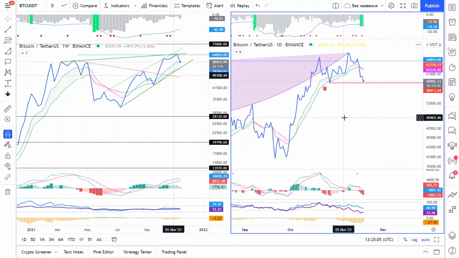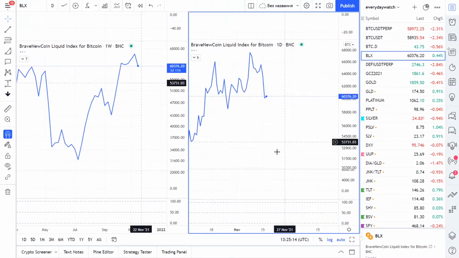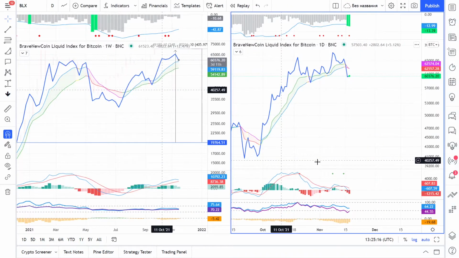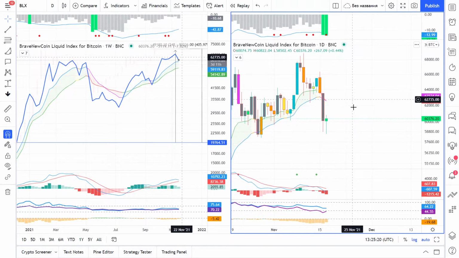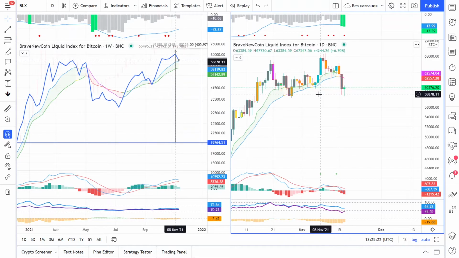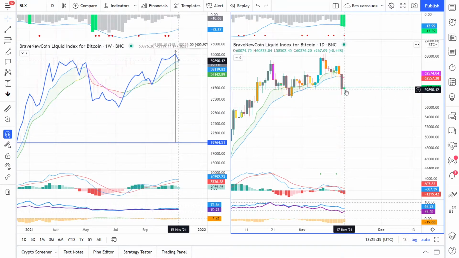By the way, on the daily, we already have a divergence on ASAP MACD, but the bullish development is that on the BLX ticker, we had two strong buy signals within this zone. One was right here, a crossover on the MACD with a hold within the upper 5%. The other one was right here, the exact same thing. We had a pin bar right here, another one right here.